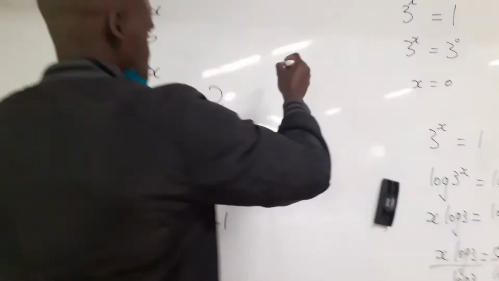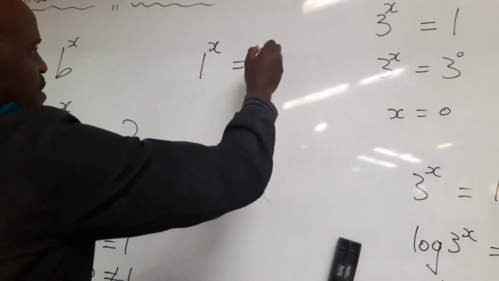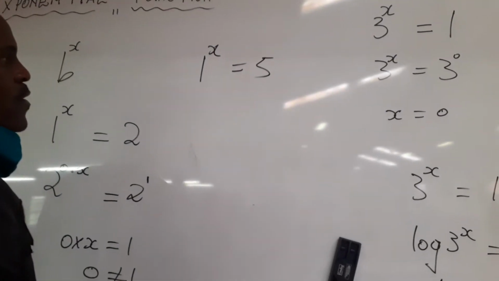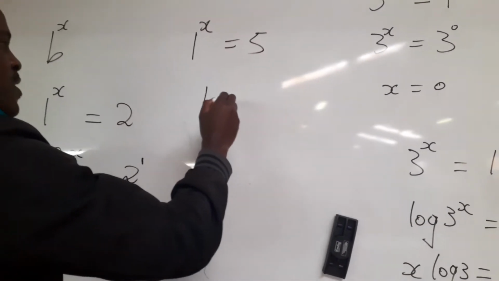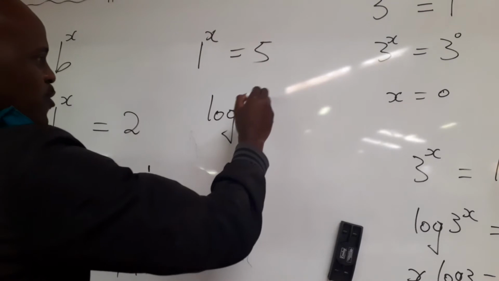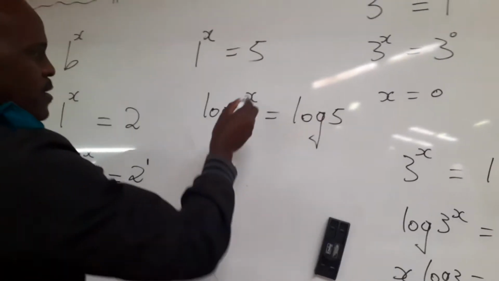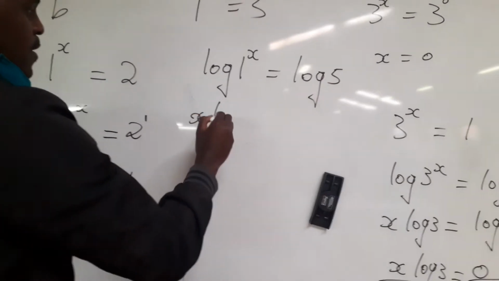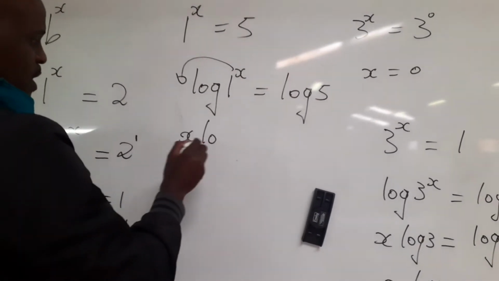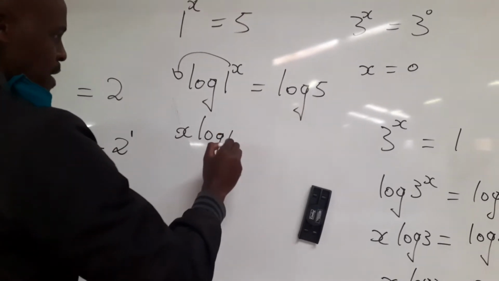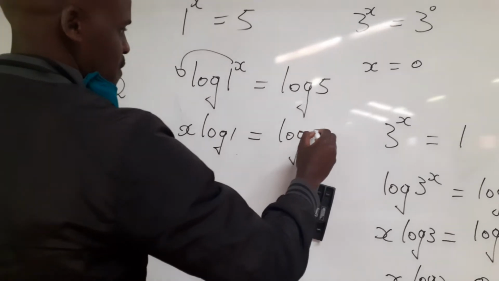Let's make another example. 1 exponent x is equal to 5. We want to solve again. It's log of 1 exponent x is equal to log 5. It's x log 1, remember we are multiplying, is equal to log 5.